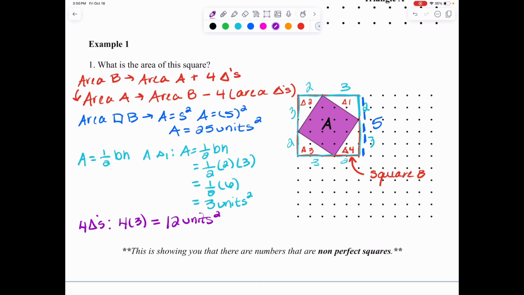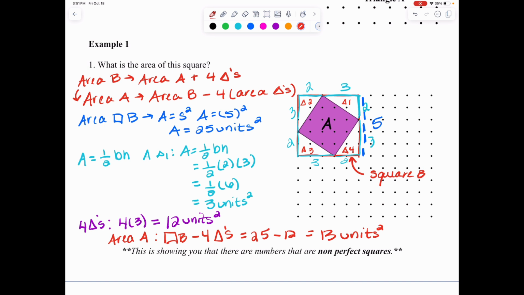So I can finish by finding the area of A by taking square B and subtracting those 4 triangles away from it. That's going to be 25 minus 12, for 13 units squared.